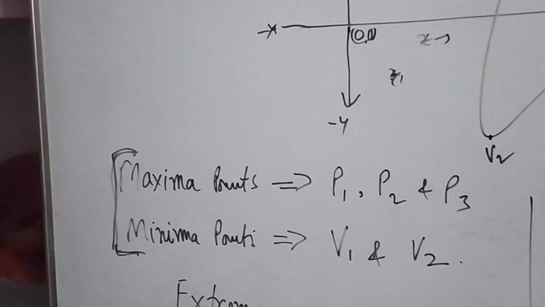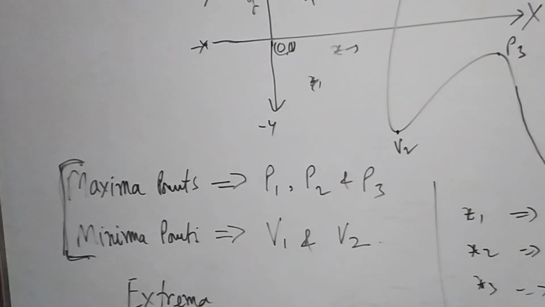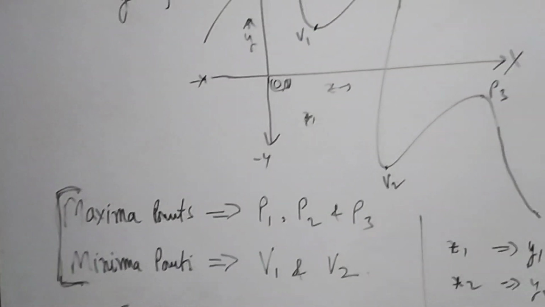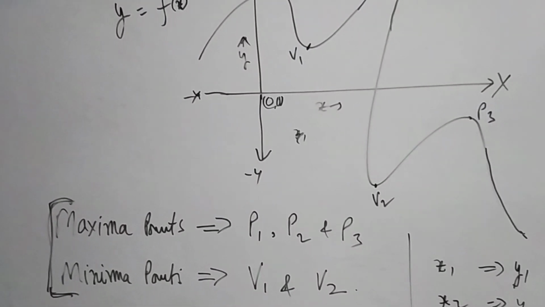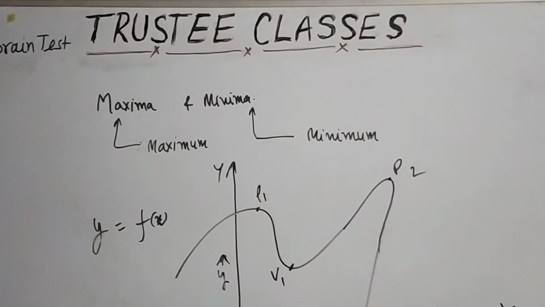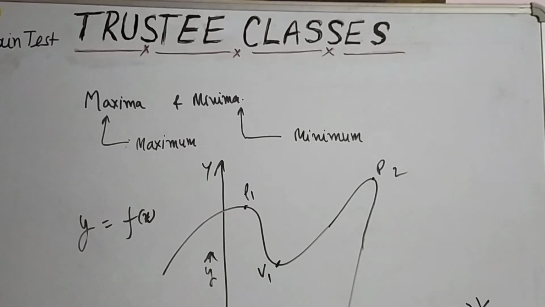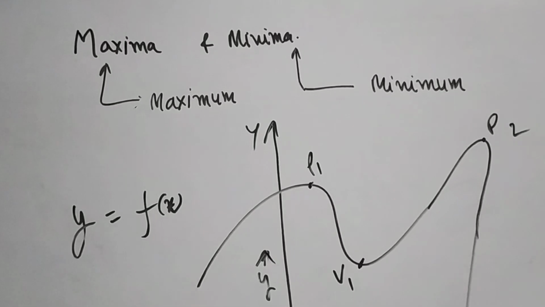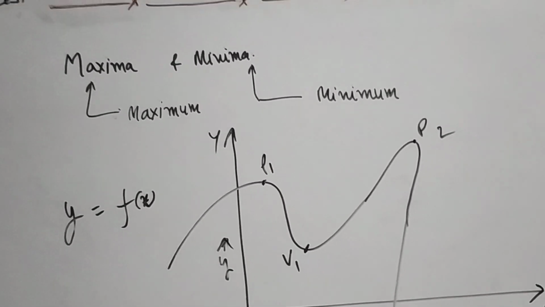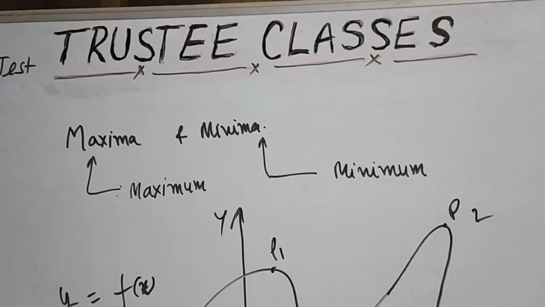We will also discuss how to check the maxima points and minima points, because only then will we be able to understand the maxima and minima theme. And now we will add some points so that maxima and minima can be calculated mathematically.